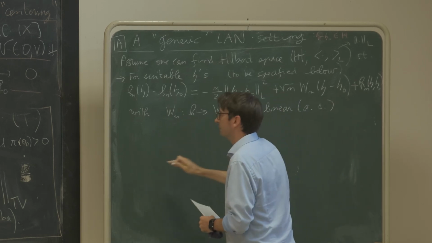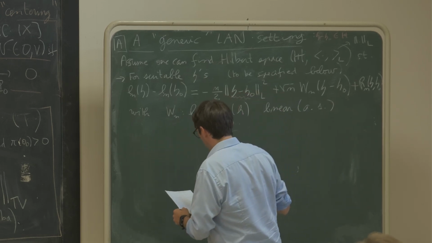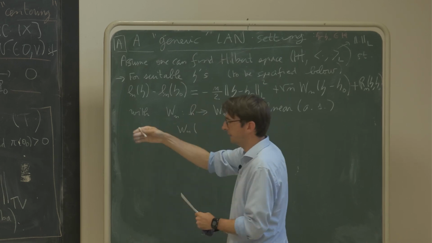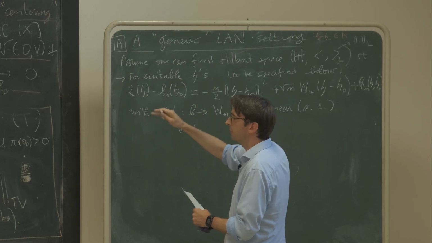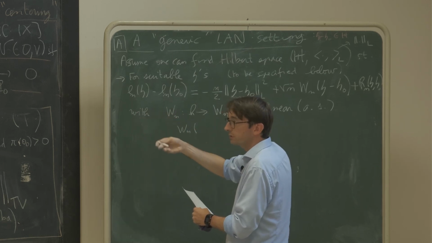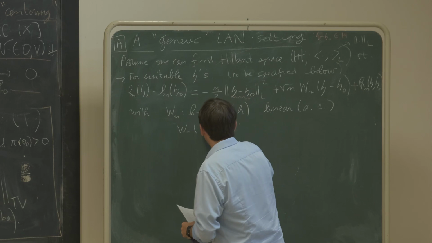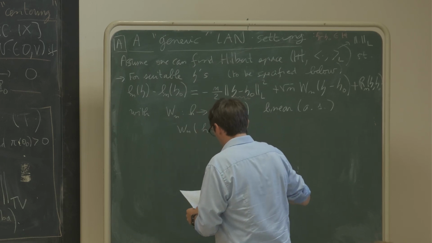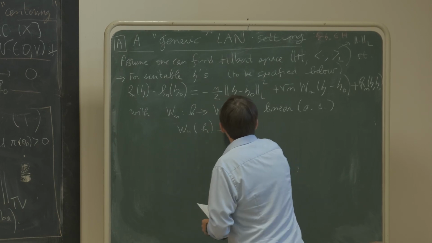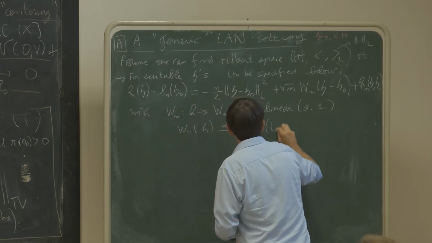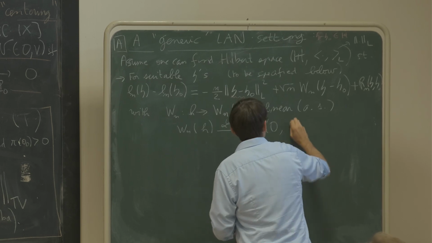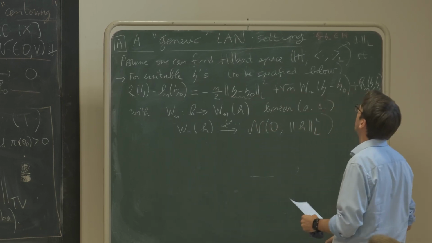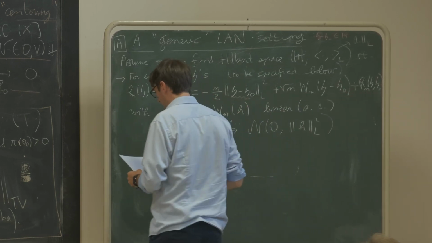And I assume something that I had also over there, although I didn't comment on it. I had a renormalized sum of iid random variables, so there is a CLT and it would converge in distribution to a Gaussian, and here I assume the same for this W. So I assume that W_n(h) goes in distribution to N(0, the squared norm of h in the LAN sense).